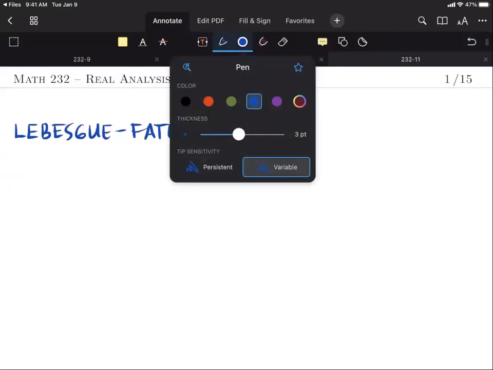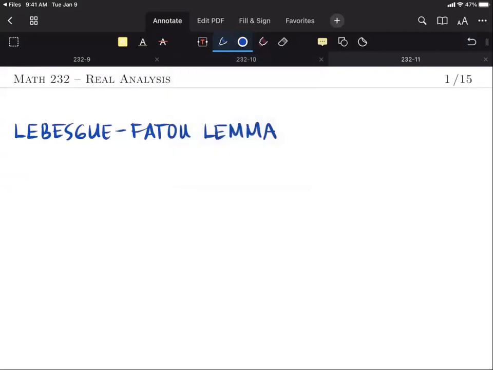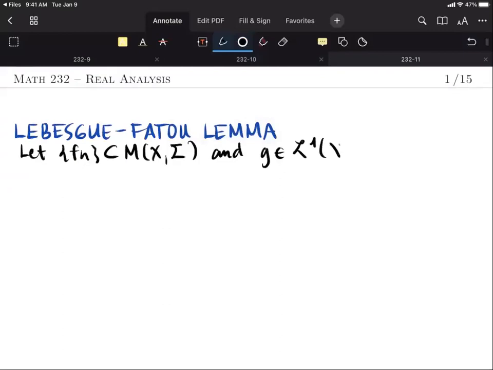So let us consider a sequence of measurable functions and an integrable function g.